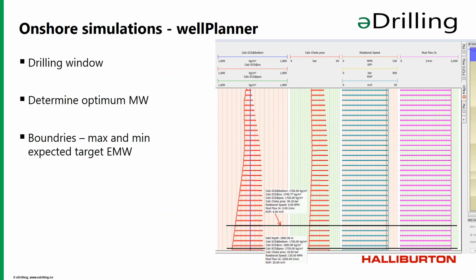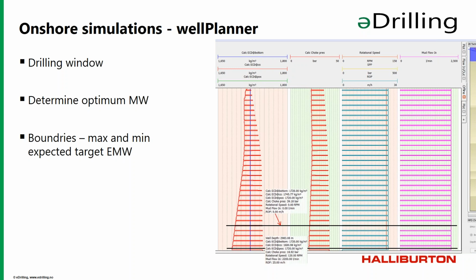Okay, when we start planning the MPD operation together with the customer, we sit down and discuss what the drilling window is, what the challenges of the well that's going to be drilled are, and then we look at the boundaries, what would be the maximum pressure that they expect to see, and also the minimum.